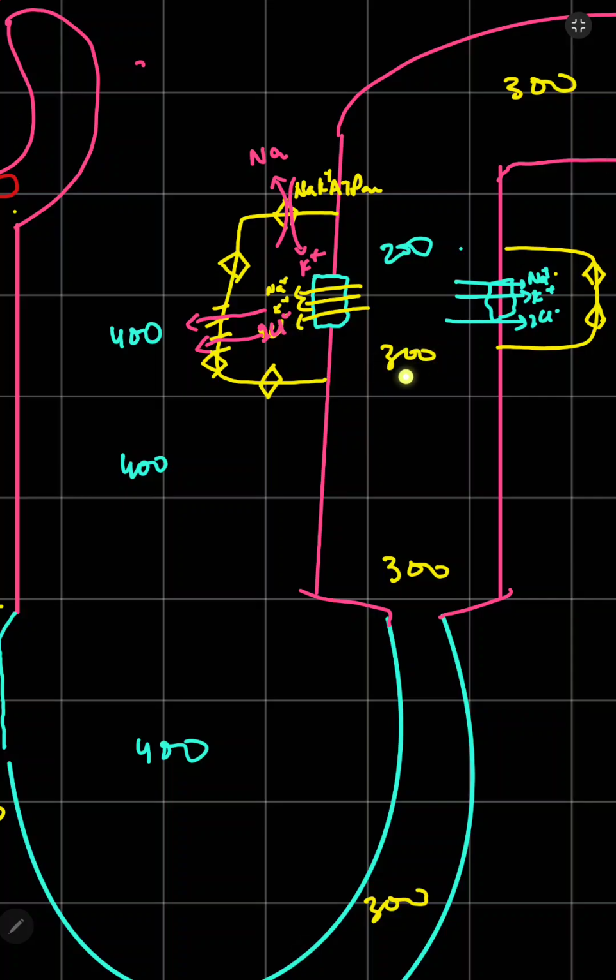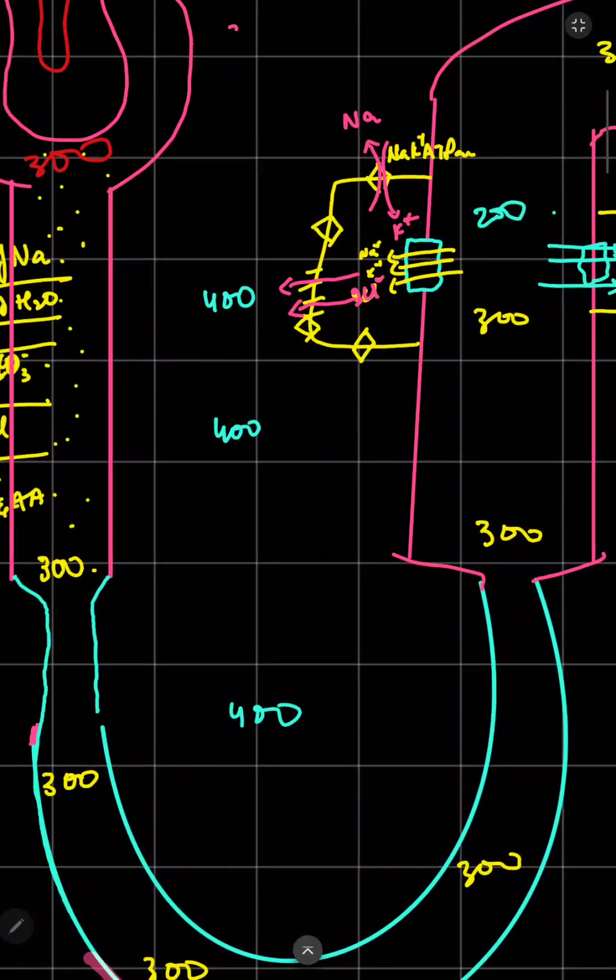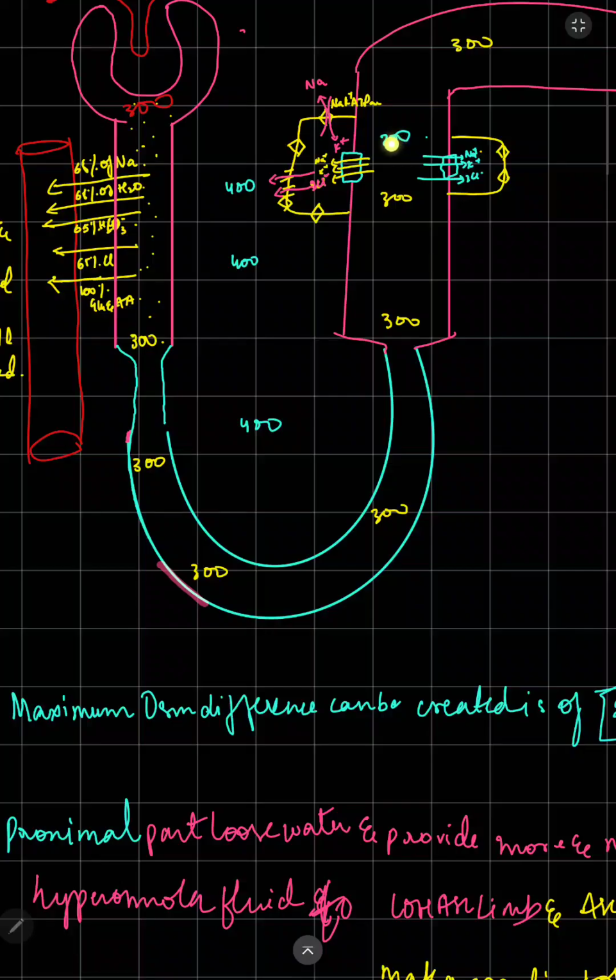So suppose the fluid that has entered here is around 300. It takes up solutes from this fluid and creates a hyperosmolar condition of 400 in the interstitium, making the luminal fluid hypoosmolar by absorbing solutes, taking it down to 200.